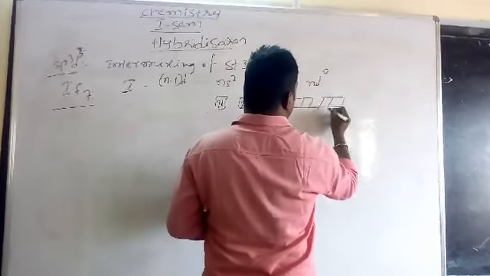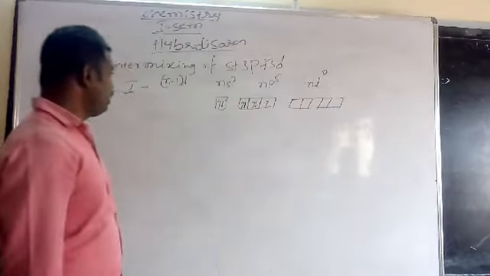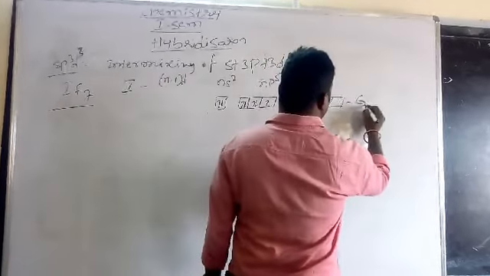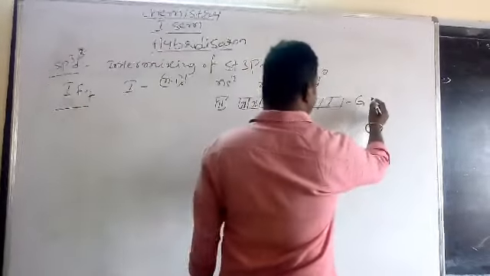Here is the empty d orbital. This is the ground state electronic configuration of iodine.